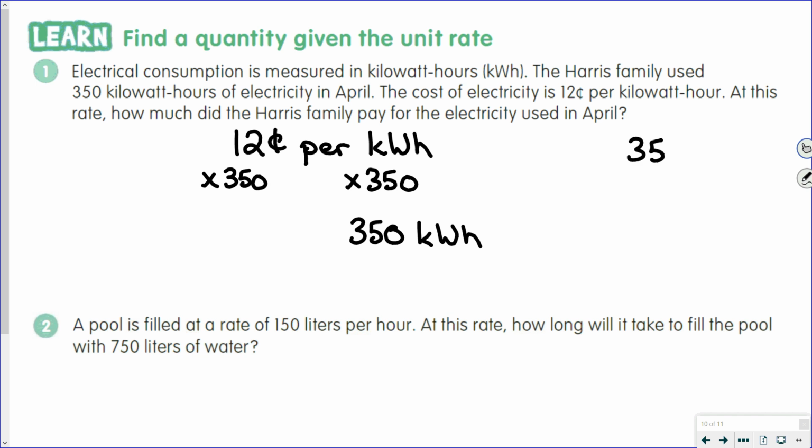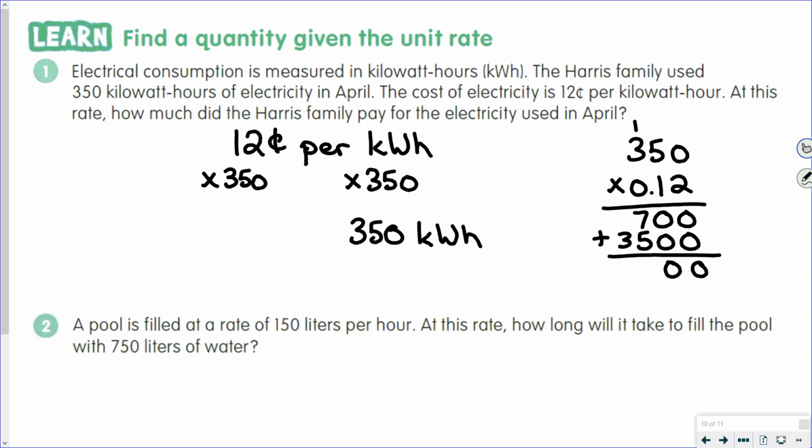So let's take our 350 times our 12 cents, and so I'm going to rewrite 12 cents appropriately. Okay, 0.12, 2 times 0 is 0, 2 times 5 is 10, 2 times 3 is 6, plus 1 is 7, start the second line with a 0, 1 times 0, 1 times 5, 1 times 3, add those together, 0, 0, 12, 4, no digits behind the decimal point, 2 digits behind the decimal point for a total of 2. So, how much did the Harris family pay? $42.